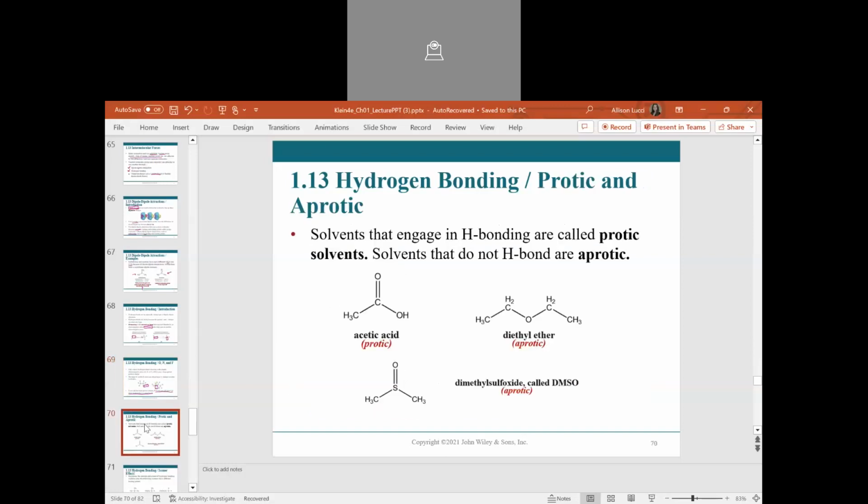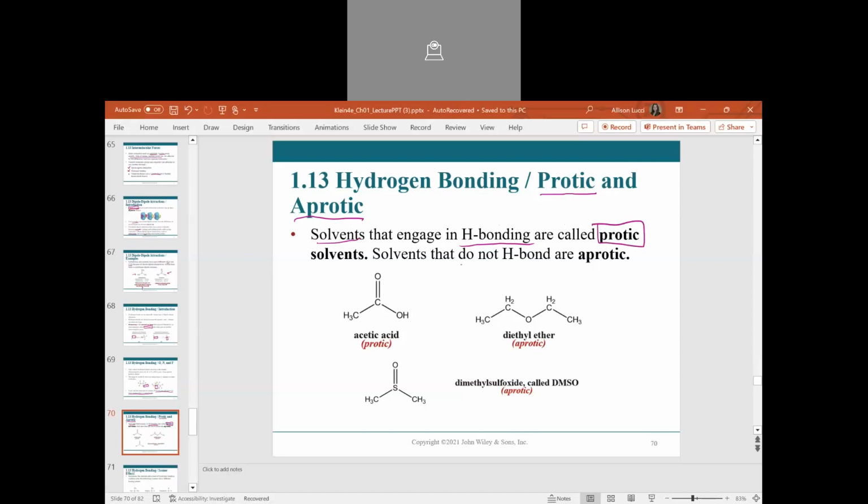We see hydrogen bonding. Then we can talk about something that you probably haven't seen before, but we're going to define some solvents, whether or not they have hydrogen bonding possible, as either protic or aprotic. So solvents that can H bond are protic. They have this proton bonding, H bonding.